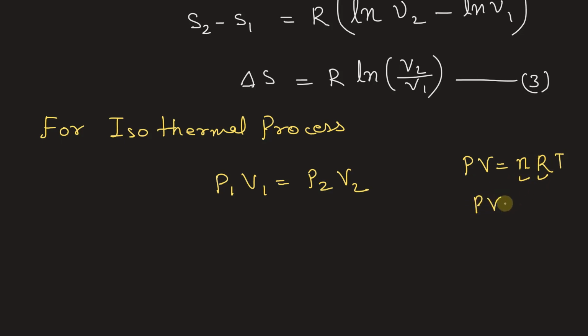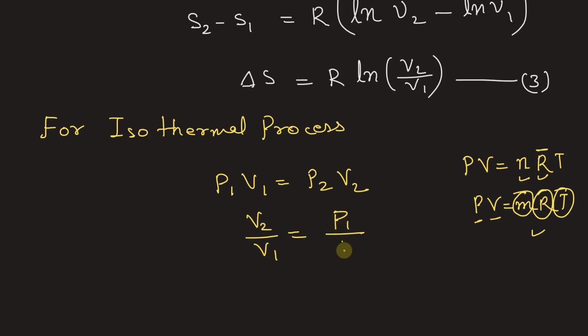Even if we write PV is equal to mRT, for a particular gas this R value will remain constant. And for isothermal process the temperature is also constant. The mass also remains constant, so only varying quantities are pressure and volume. So we can write P1 V1 is equal to P2 V2, so V2 by V1 is equal to P1 by P2. Let this be equation number 4.